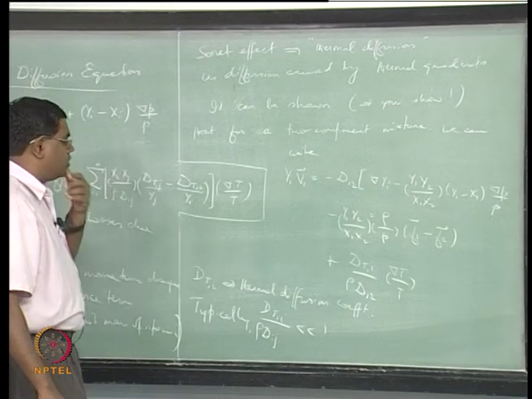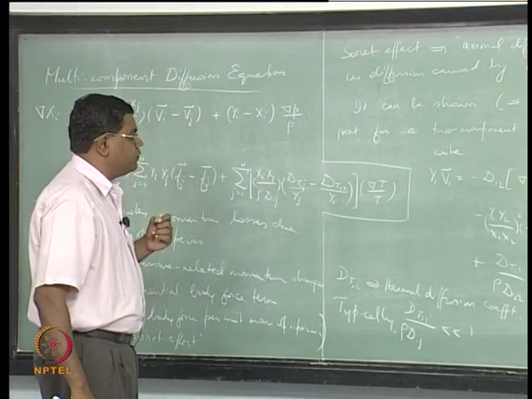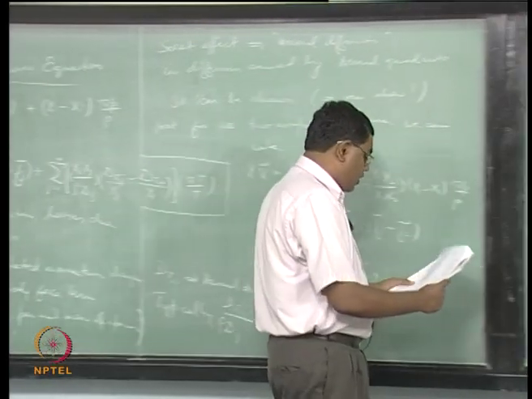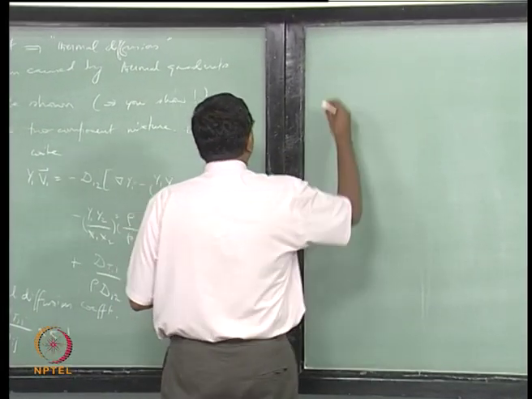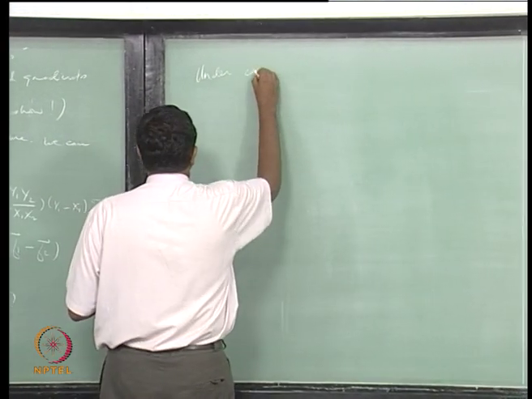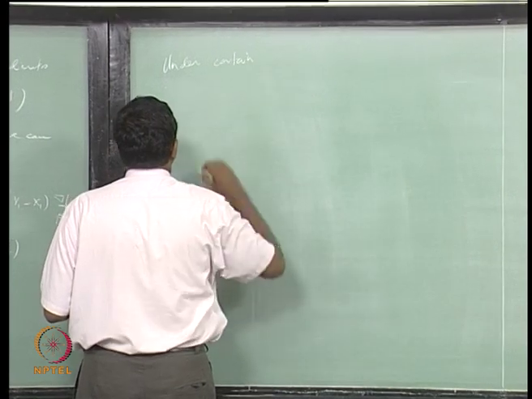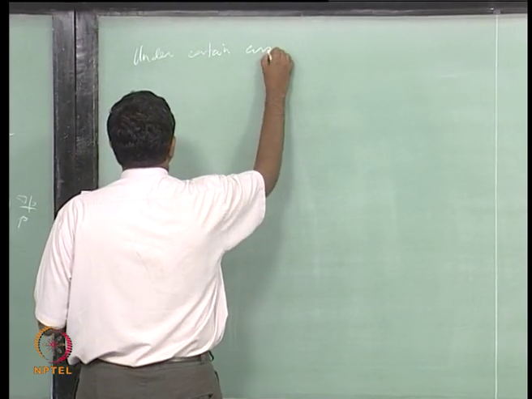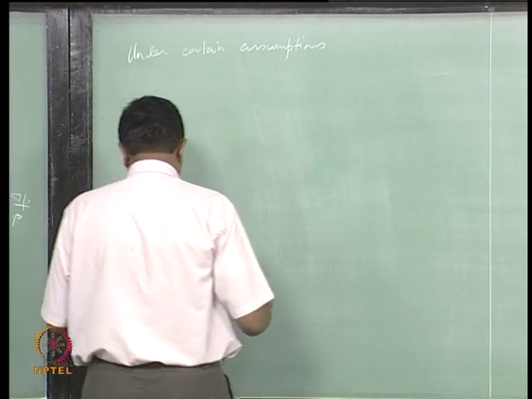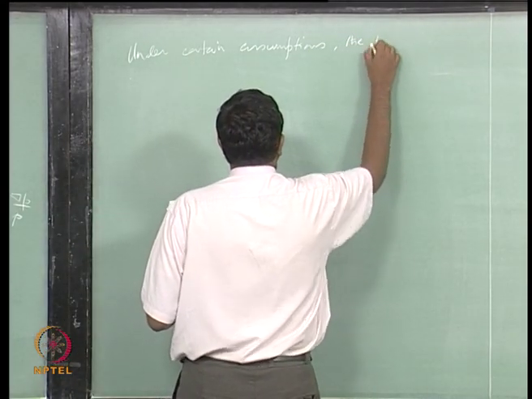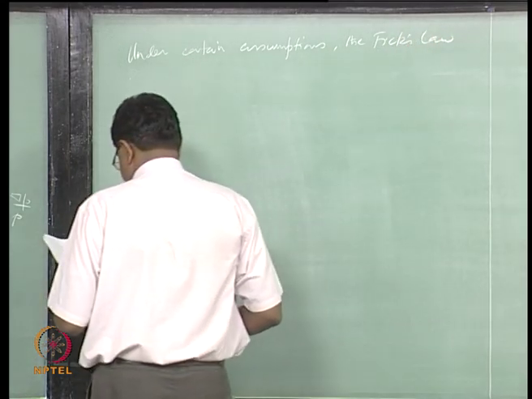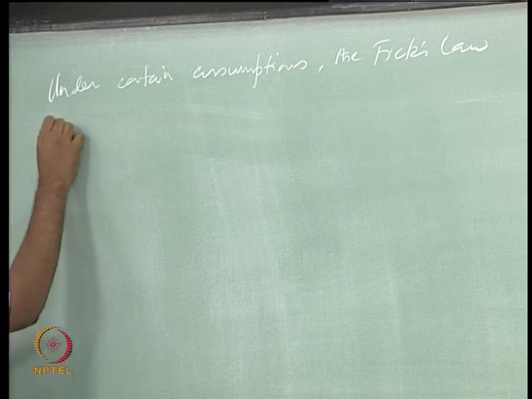Now we have to look for the conditions under which you can make simplifications and retrieve Fick's law out of here. So under certain assumptions, and that's what we have to see now, Fick's law is recovered.